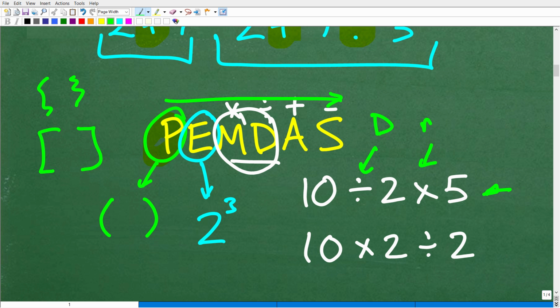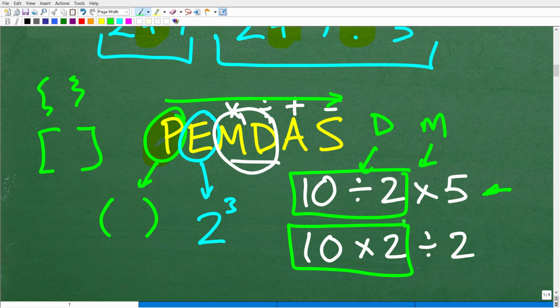So we'll do the division first. So the M and D in PEMDAS stands for do what, if you have multiplication and division in a problem, you're going to do whatever you see first from left to right. So in this problem, we would do 10 divided by 2, not 2 times 5. And you can see we'll end up with totally different answers if we start with multiplication. But in this problem, what do we see first from left to right? We see multiplication. So we're going to do this first, okay?